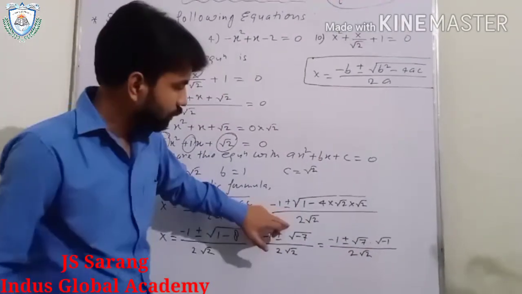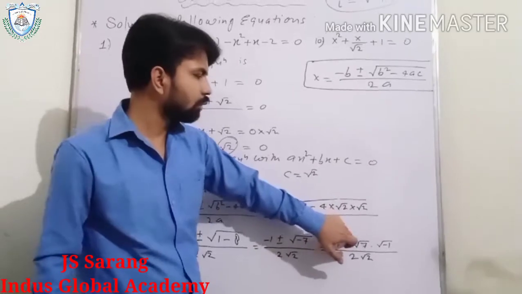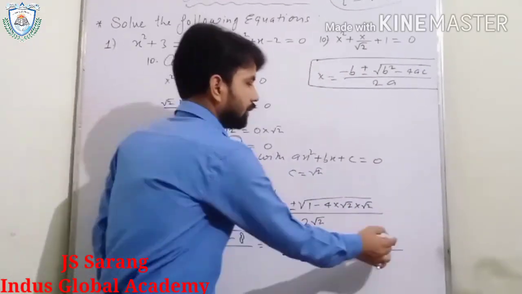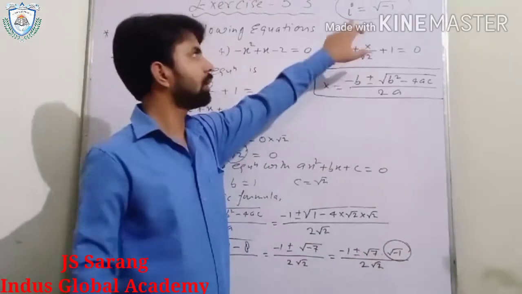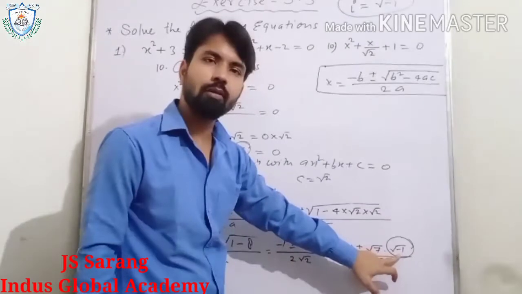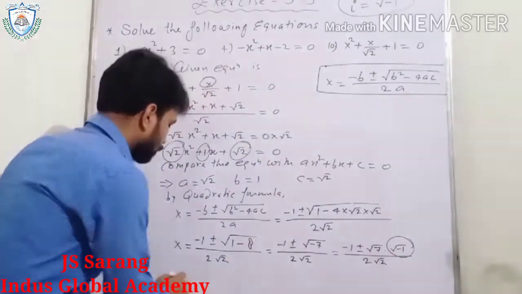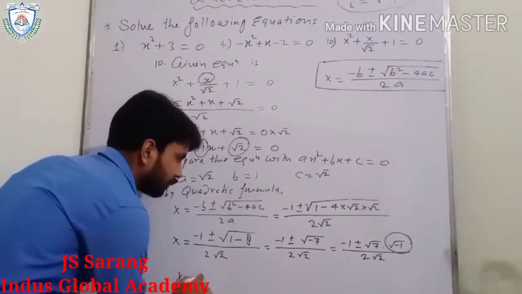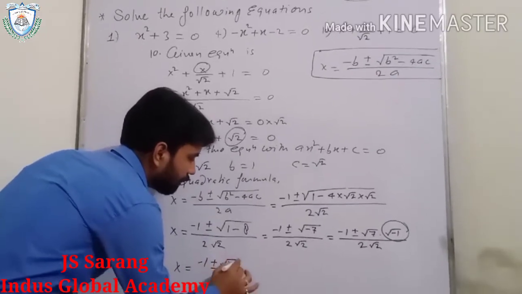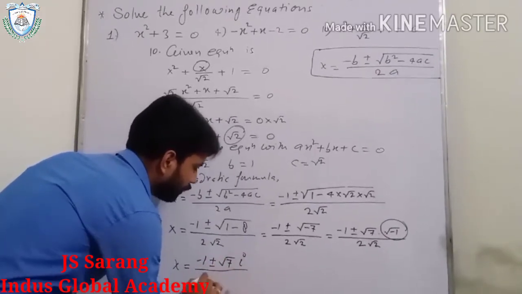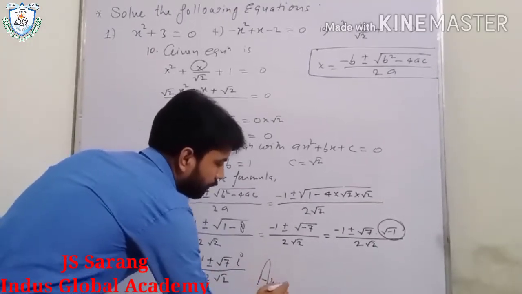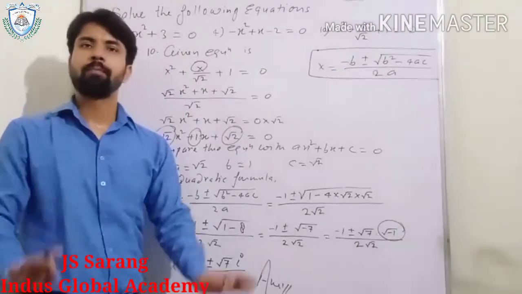See, square root of minus 7 can be written as square root 7 into square root of minus 1. And we know that this is the value of iota. So we can put iota in place of square root of minus 1. So x equal to minus 1 plus minus under root 7i upon 2 under root 2. So this will be our final answer.